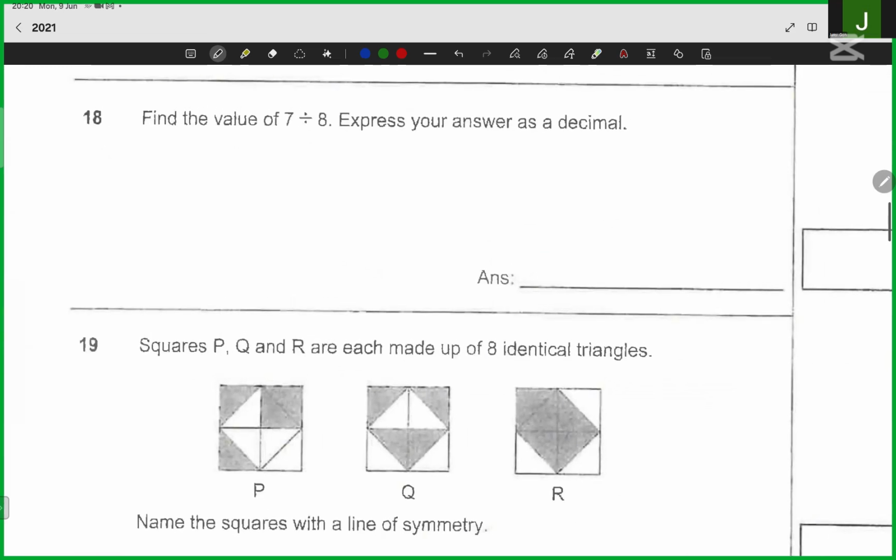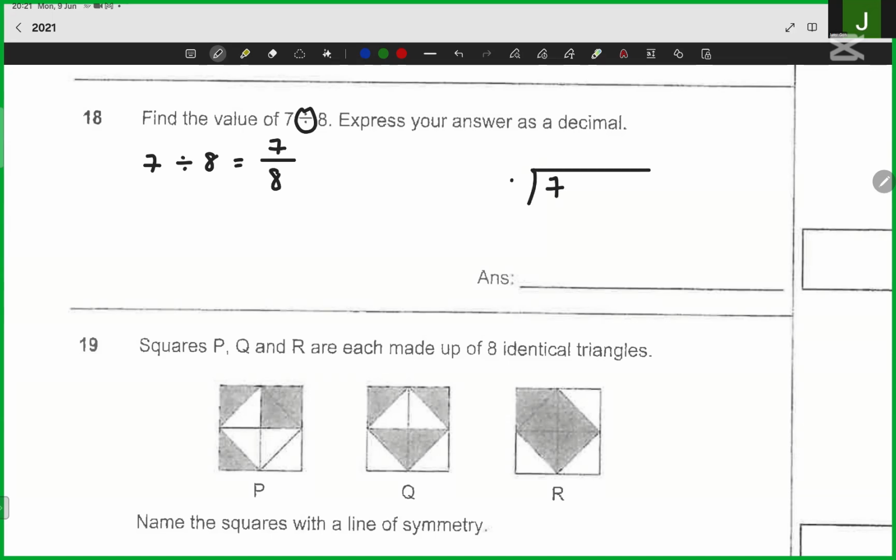18. Find the value of 7 divided by 8. Now this sort of question is very easy also. To express it, you need to understand divide. 7 divided by 8 has two meanings. You can express it as 7 out of 8 as a fraction, or you can do long division on it.